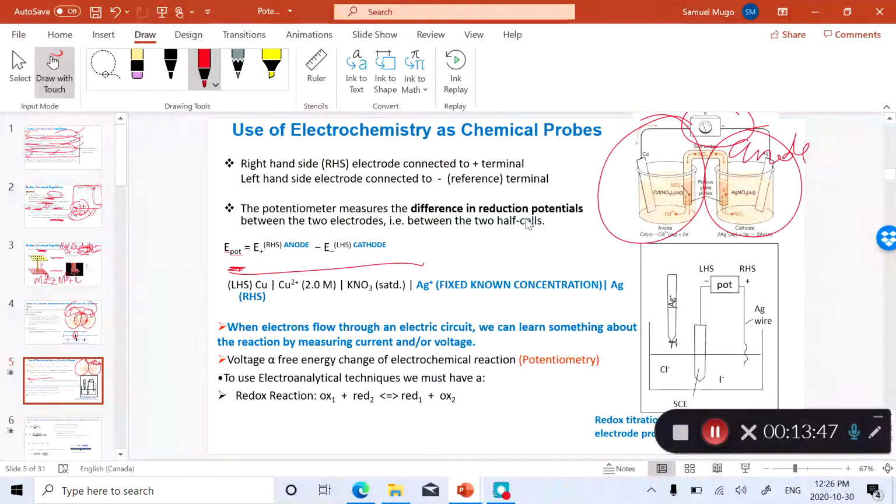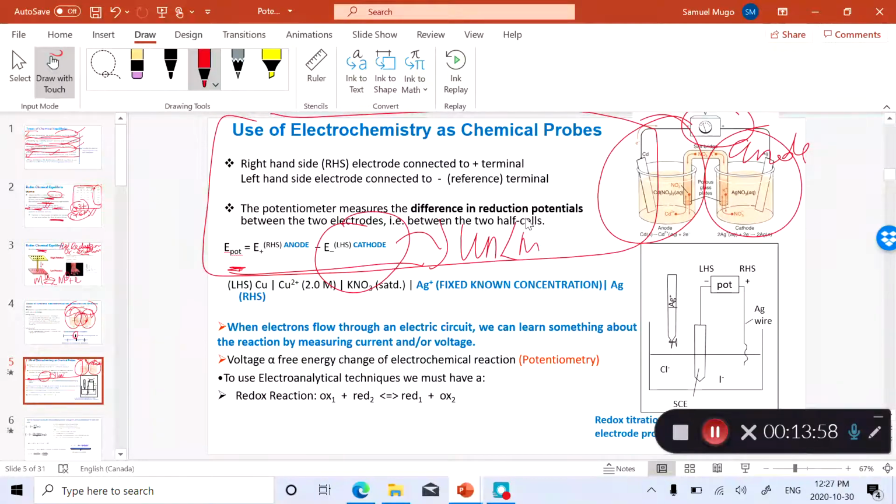And essentially, that is the basis of a potentiometric sensor, meaning in the cathode I've got an unknown, and in the anode I've got what is known, what you refer to as a reference electrode.